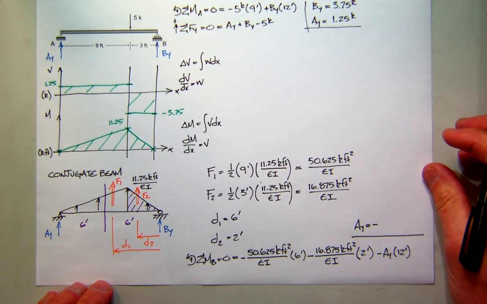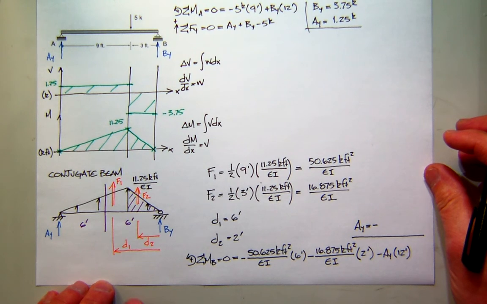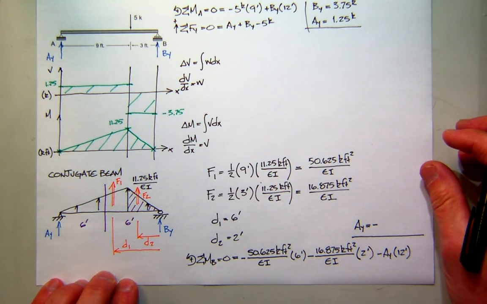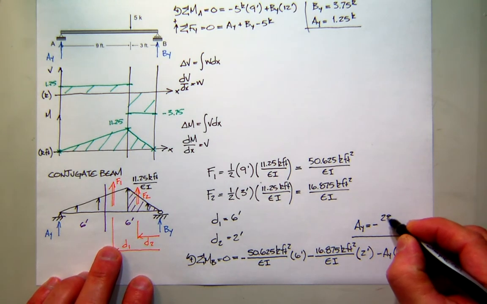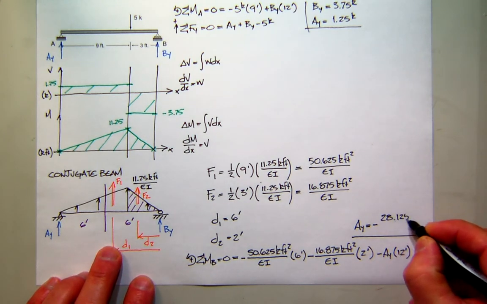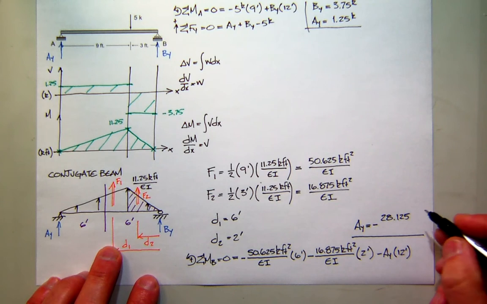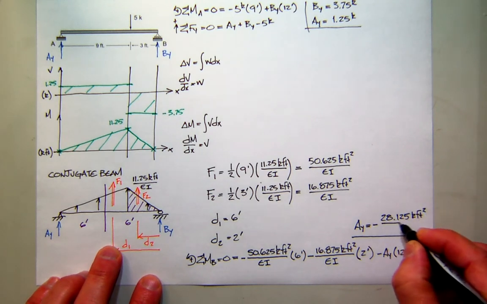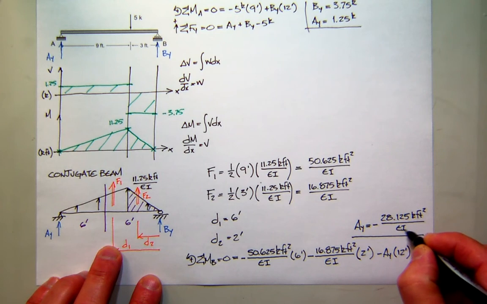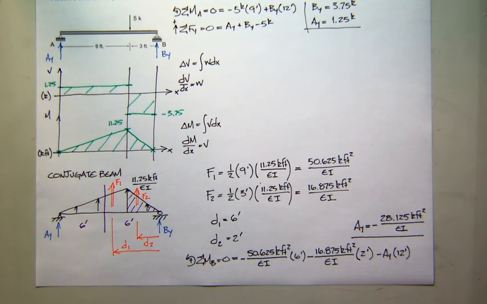That doesn't seem right. 28.1. 28 sounds better. 28.125. So I get 28.125, and that's going to be kip feet squared over EI, and negative. Wow. So let's keep rolling.